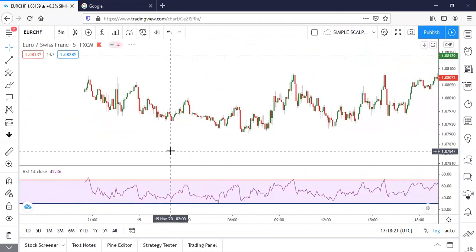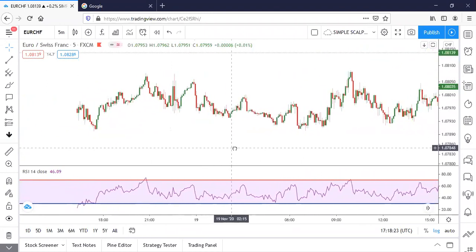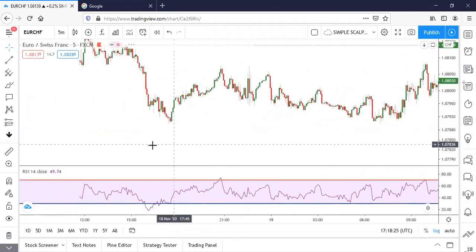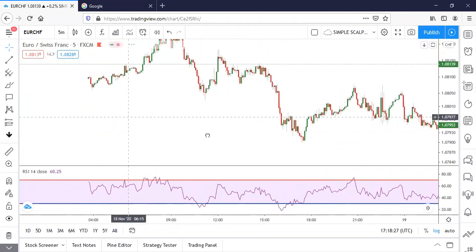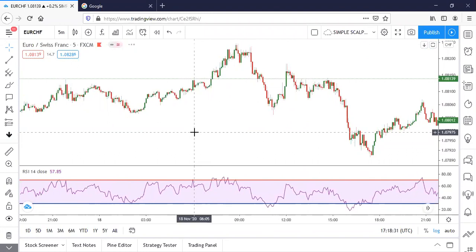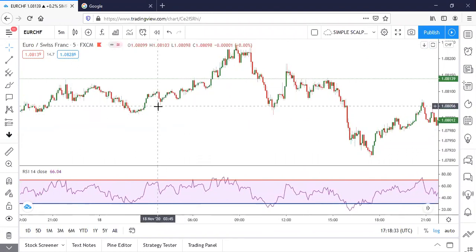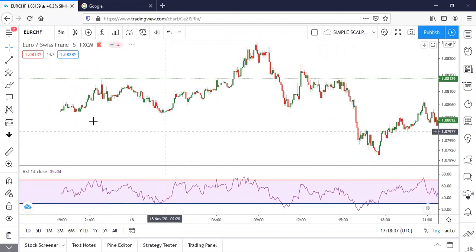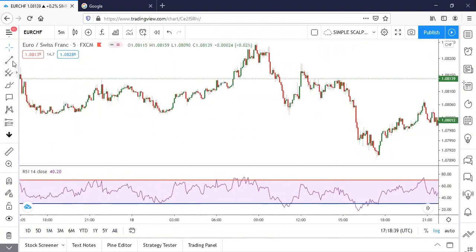I don't think I'll find one easily. Looking for the one for uptrend. I think this one can give us what we want. Okay, let's use this as an example.